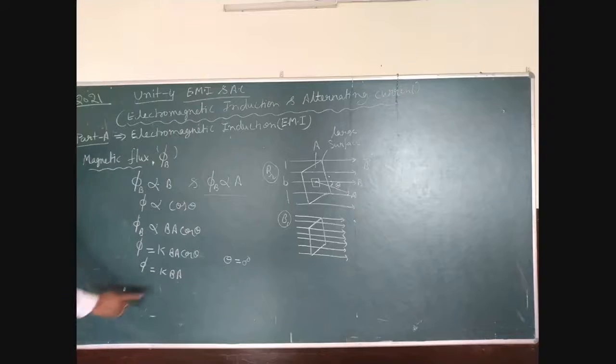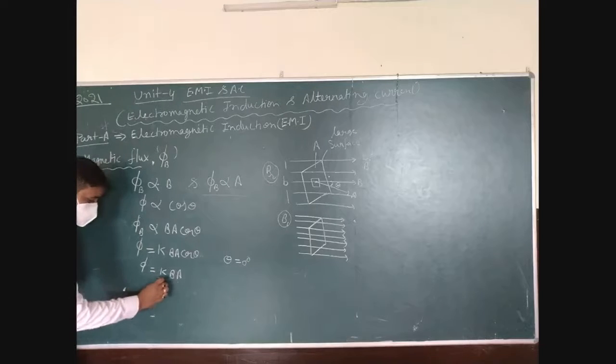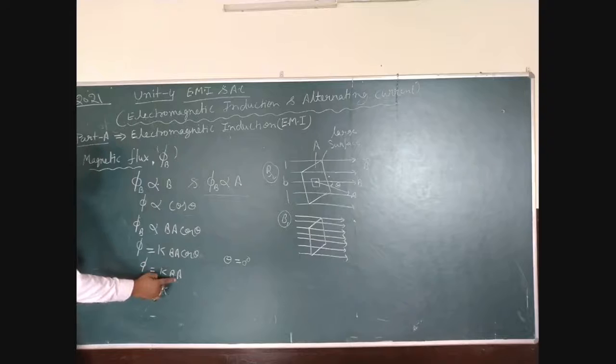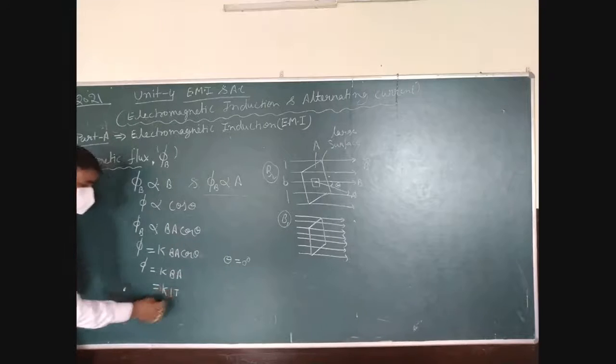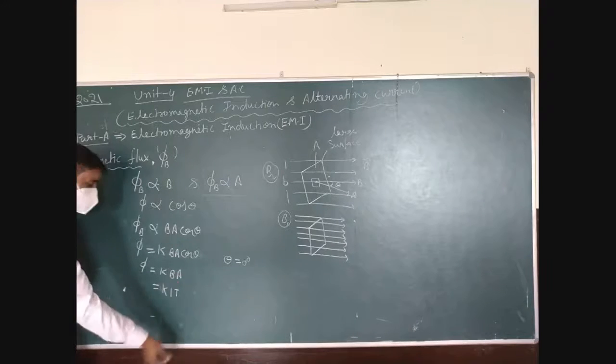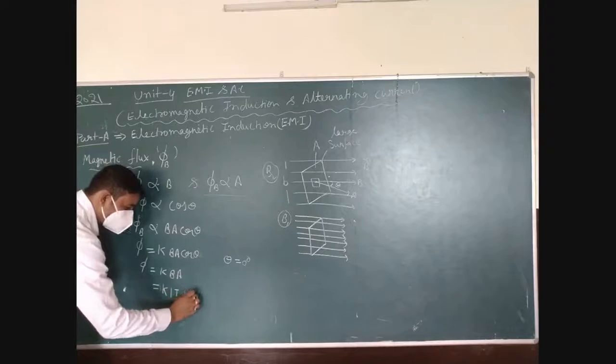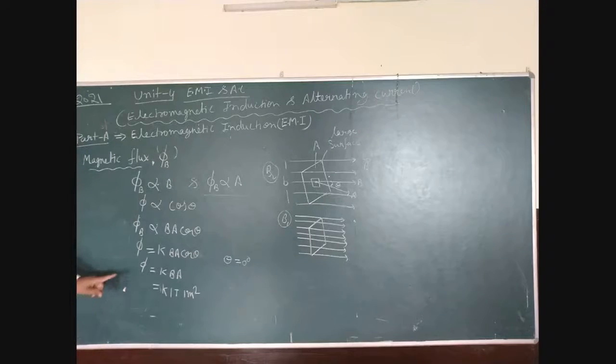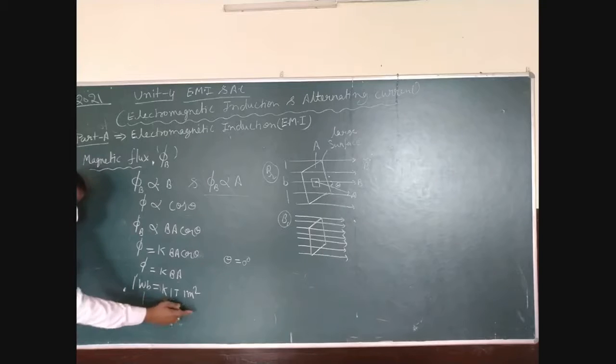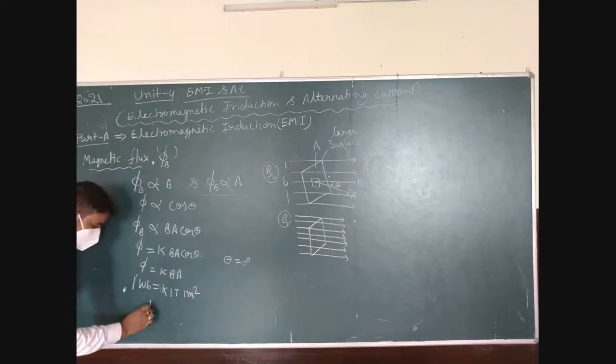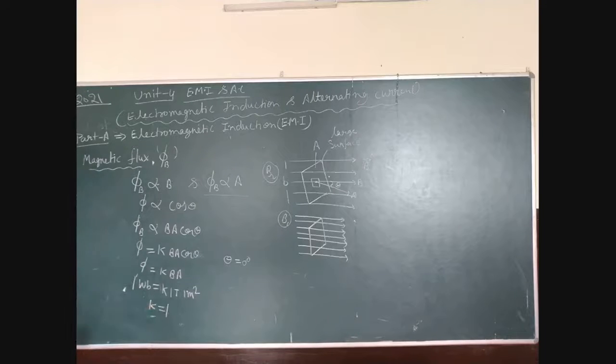Now we take this K as 1. If the applied field is 1 Tesla and the area of the surface is 1 meter square, then the magnetic flux phi is 1 Weber, or you can say K is equal to 1.